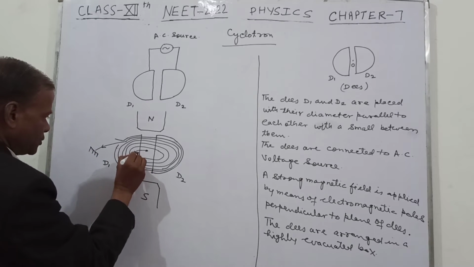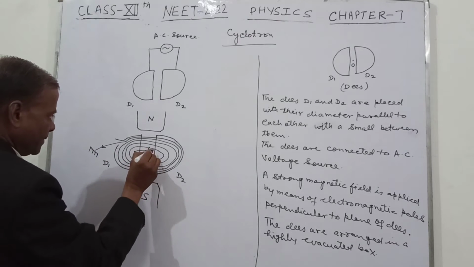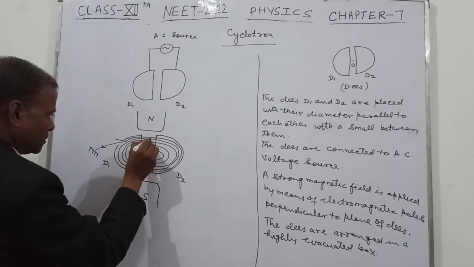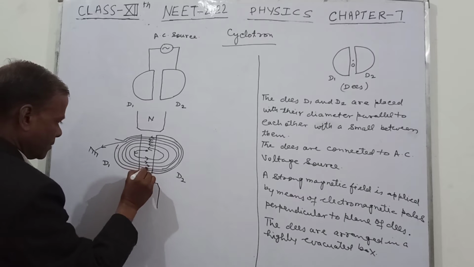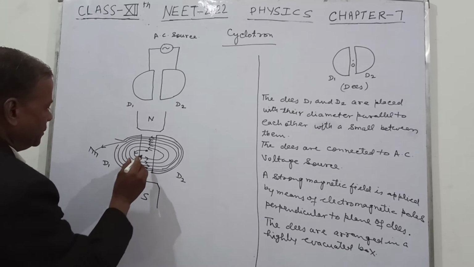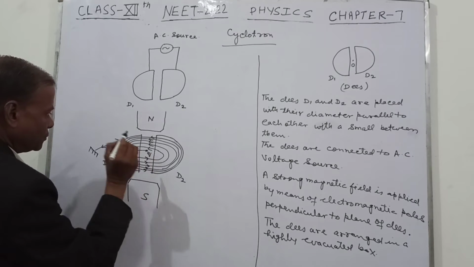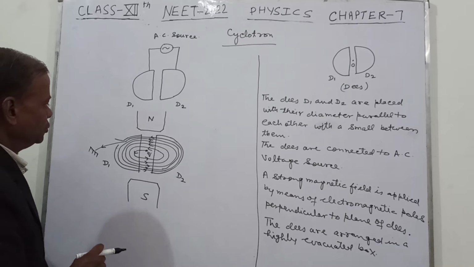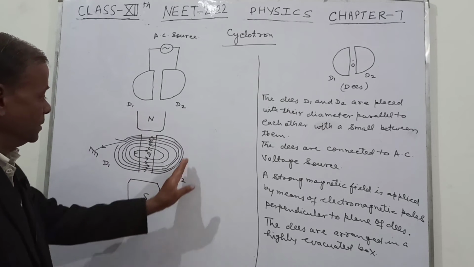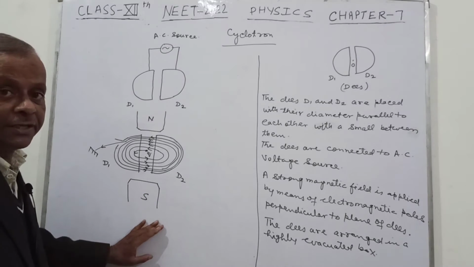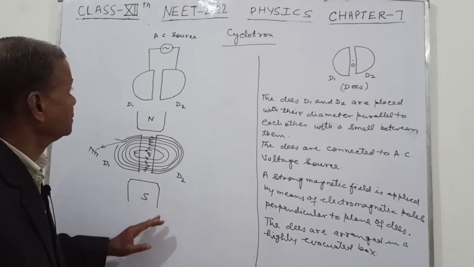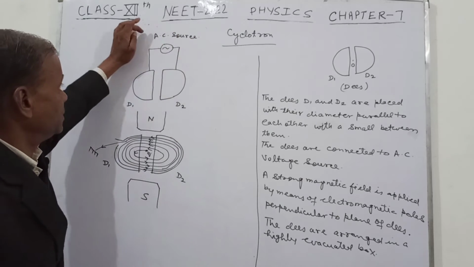So this particle is moving like this in this way. This is now charged particle Q. So this describes the semicircular path inside the D and absorbs energy from the applied radio frequency source or this AC source.